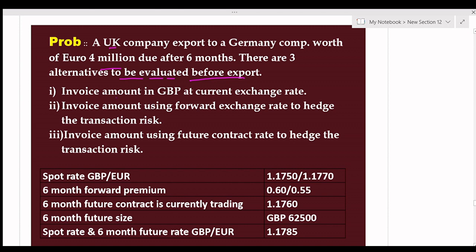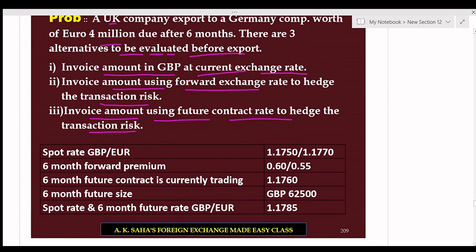Invoice the amount in GBP at the current exchange rate. Invoice the amount using the forward exchange rate to hedge the transaction risks. Invoice the amount using the future contract rate to hedge the transaction risks. I have already discussed what transaction risk is.